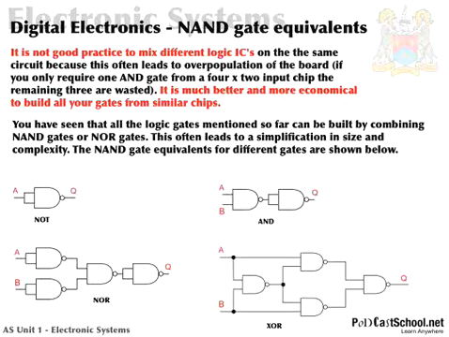There's a big advantage in not mixing your logic circuits and building all your functions with just the one logic type. So it makes sense to try and stick to NANDs, for example. And I've shown, in fact, a NOT, an AND, an OR, an exclusive OR, all made there with NAND gates.